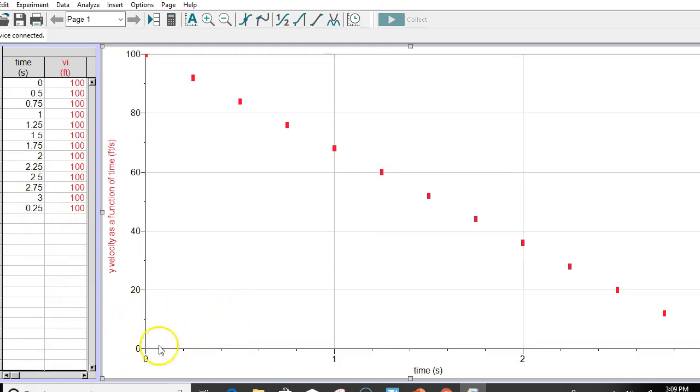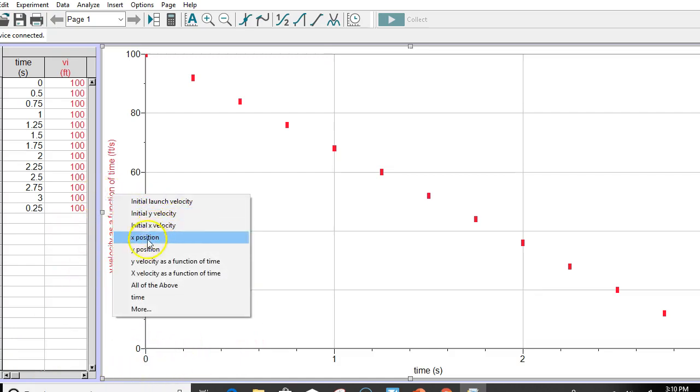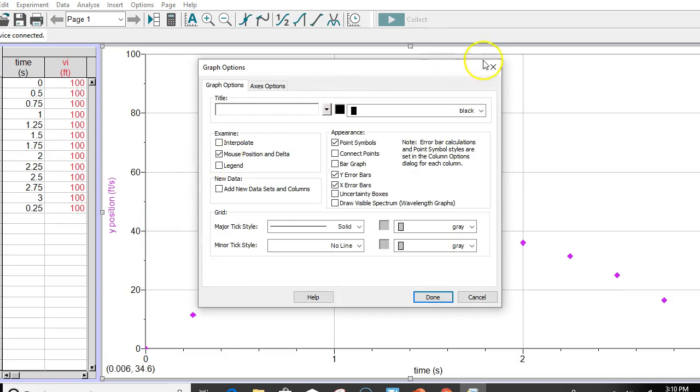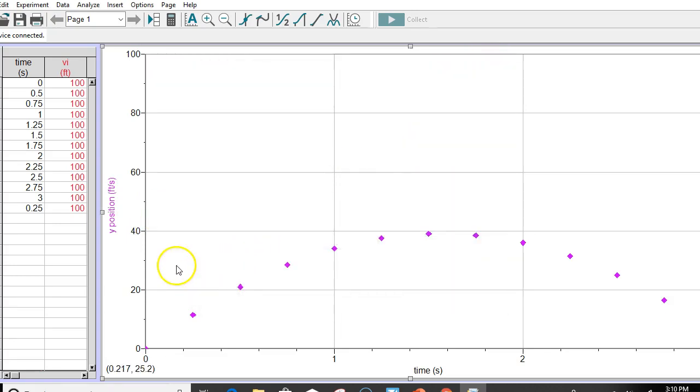go back to the previous graph, which was y position versus time, what we're graphing when we have position versus time, the slope is the velocity. The slope of this graph is the velocity, and the slope is starting out here as a positive.